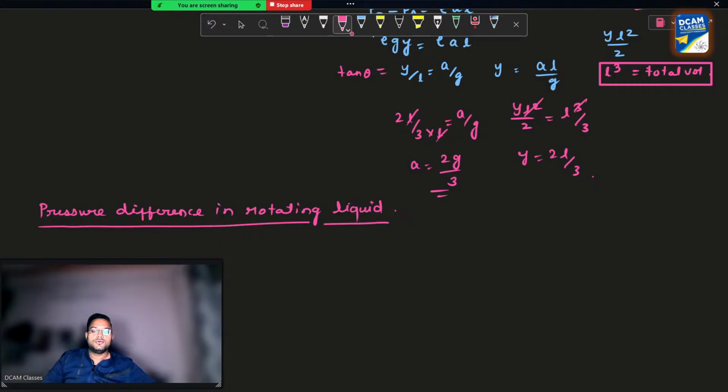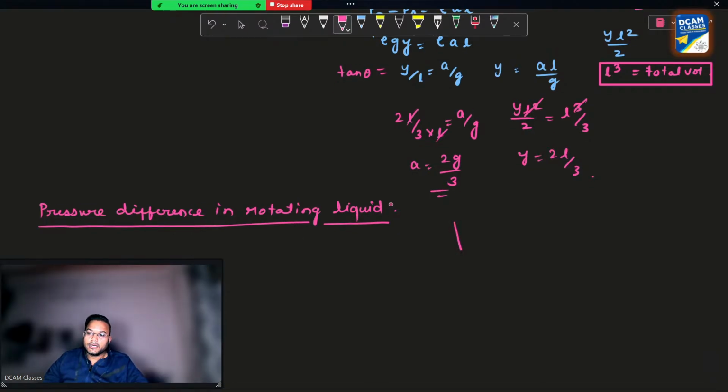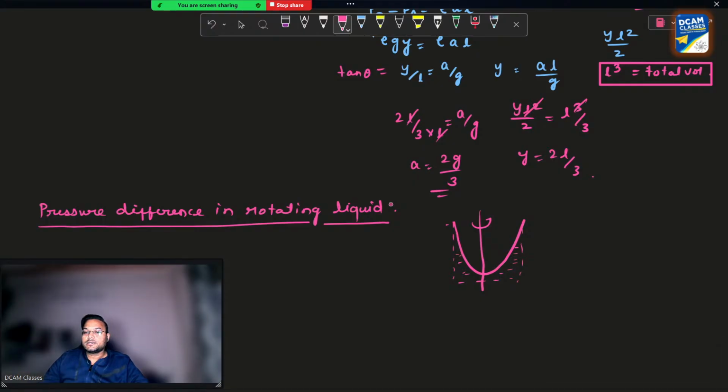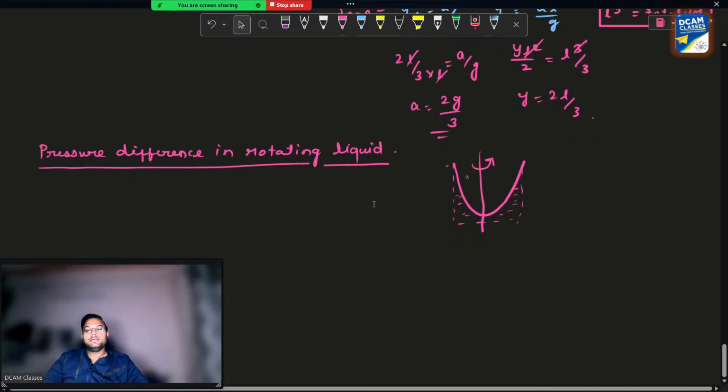For that, I have uploaded one short video on my YouTube also. The liquid surface becomes like this when it is rotating. So this is actually a parabola, but later in the next class you will understand how and why it becomes a parabola. Why only a parabola, why not an ellipse? Okay, we'll discuss in the next class.